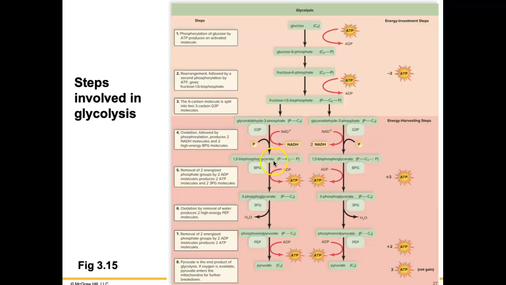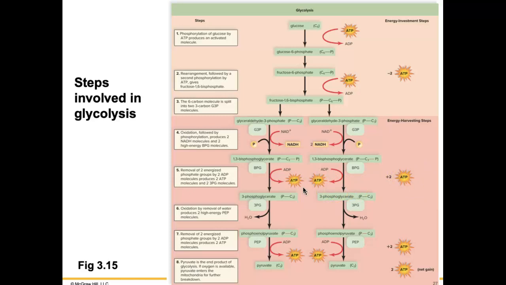Then once we have that process go through, we are going to change this molecule's name to 1,3-bisphosphoglycerate. And here in the red bond, you can see that we are going to remove that and add it to ADP in order to create our first ATP molecule. So that results in 2 ATP molecules here.